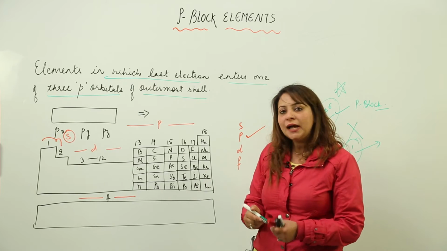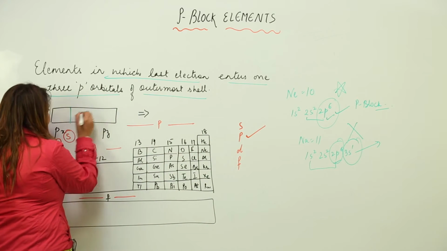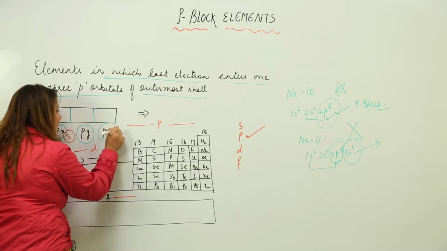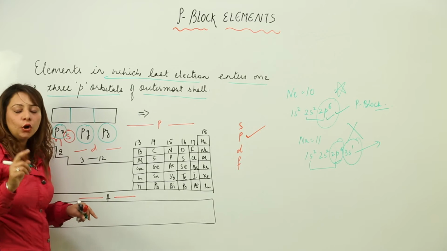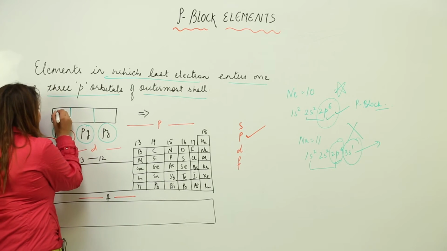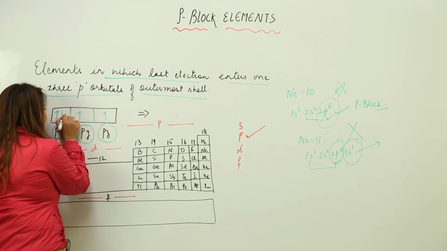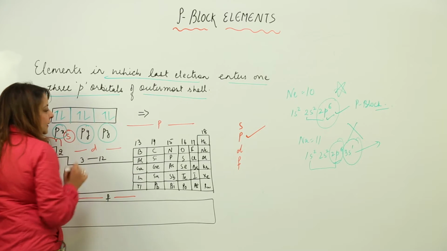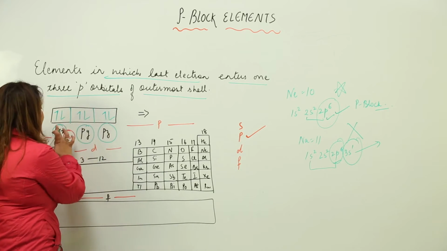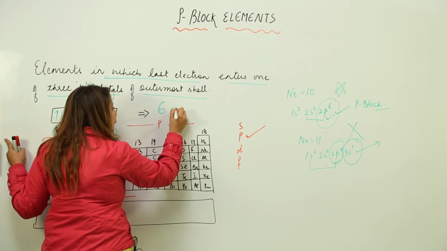As we know, the p subshell has 3 orbitals which are designated as px, py and pz. We are already familiar with the rules of filling these orbitals. Each orbital can accommodate a maximum of 2 electrons and they must be of opposite spin. So this p subshell, which has 3 orbitals, can accommodate a maximum of 6 electrons.